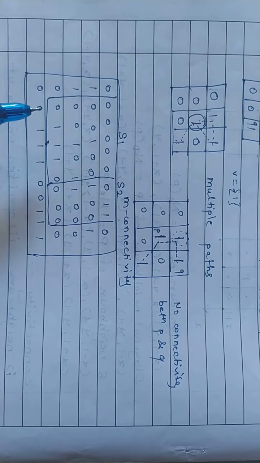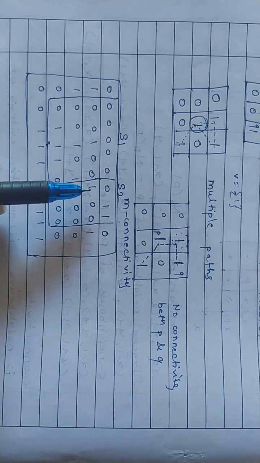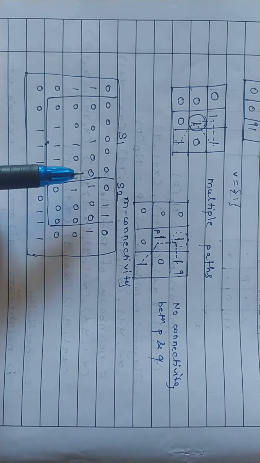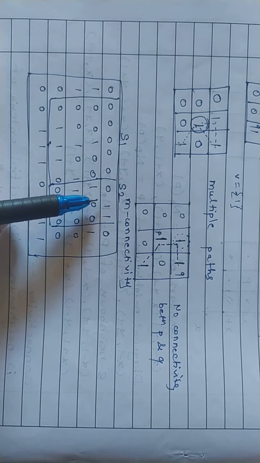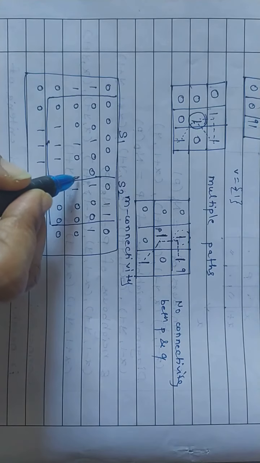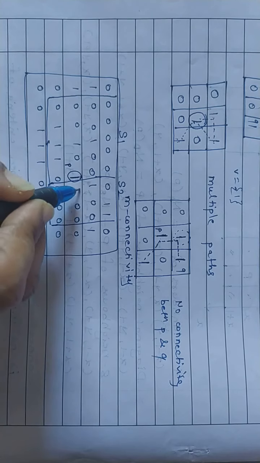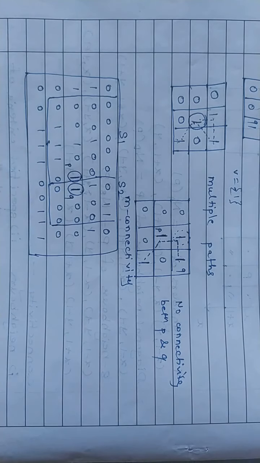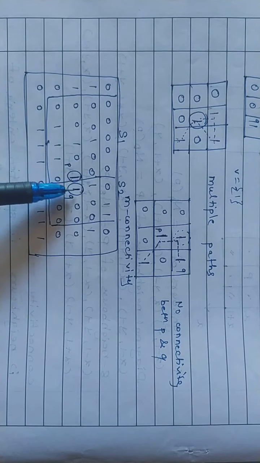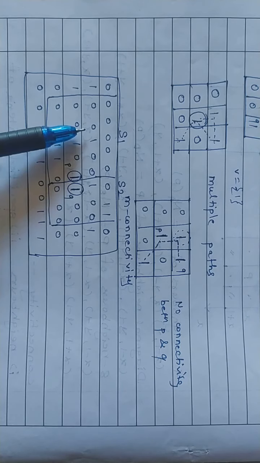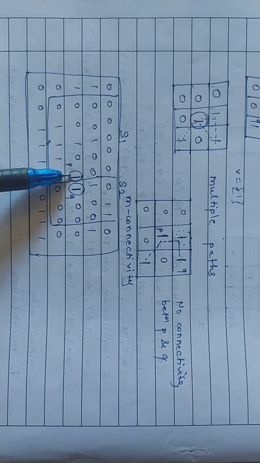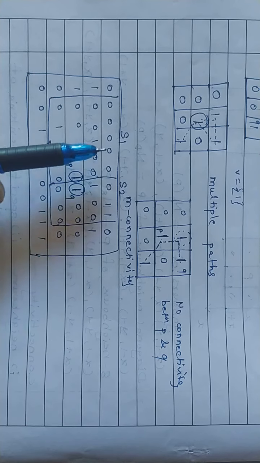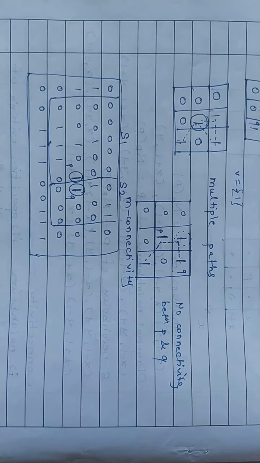So the image subsets S1 and S2 are adjacent if some pixels in S1 are adjacent or connected to some pixels in S2. So let's consider this pixel as pixel P and this pixel as pixel Q. Now this pixel P is from set S1 and pixel Q is from set S2. So if pixel P is connected with pixel Q, then we can call that set S1 is connected with set S2.